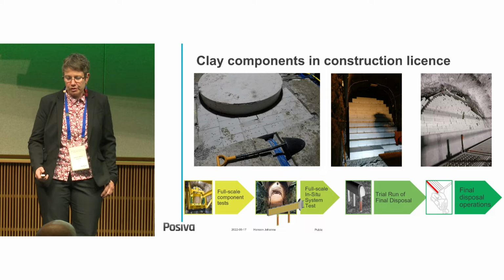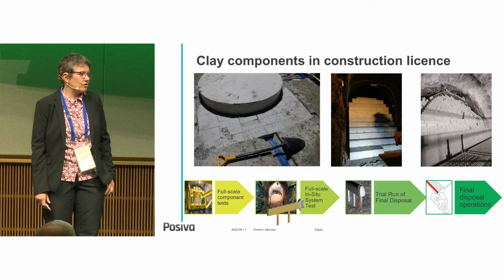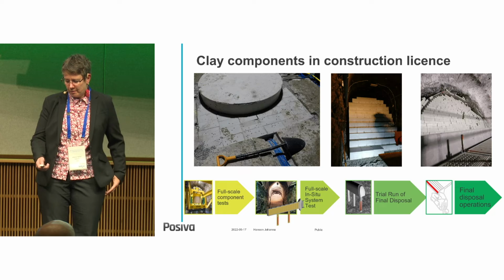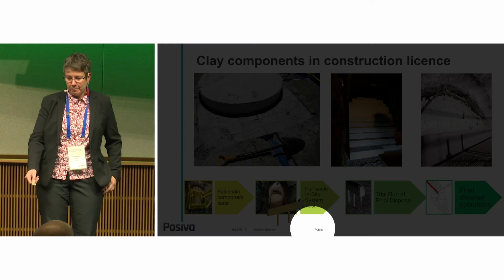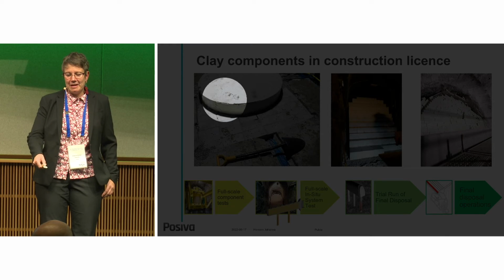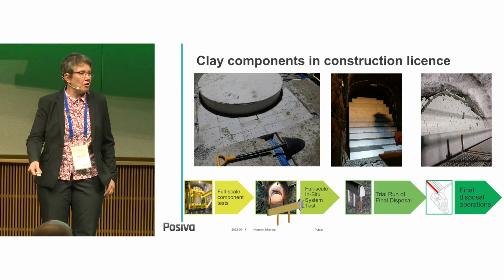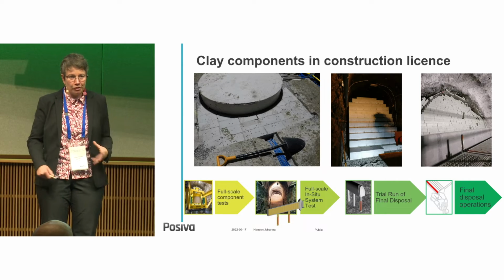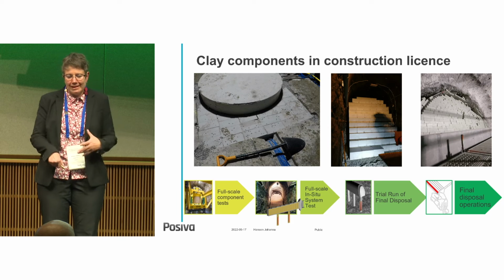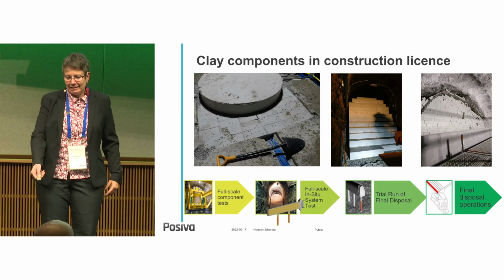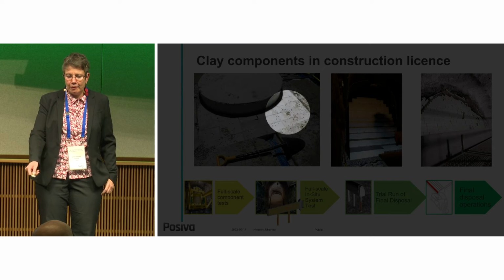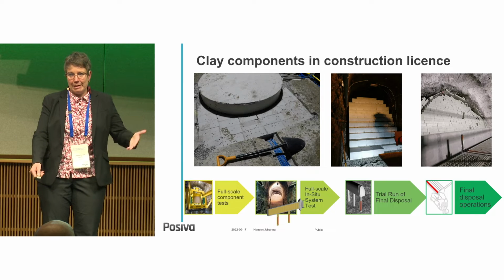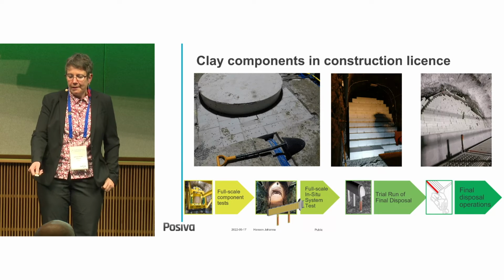So what was actually the status in the construction license application? Ten years ago, we had the buffer consisting of the cheese-shaped big blocks, and also the big pineapple rings, and tiny tiles for the chamfer. And the chamfer, of course, is needed to be able to install the canister.